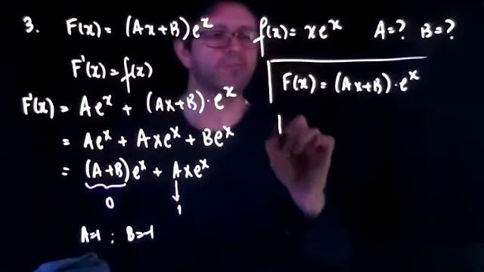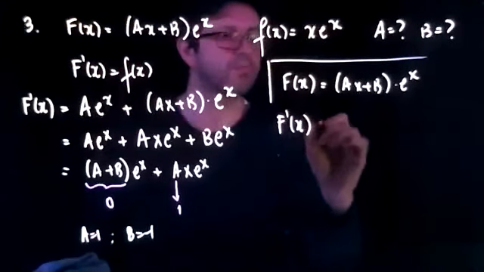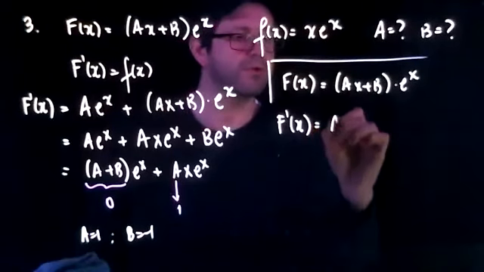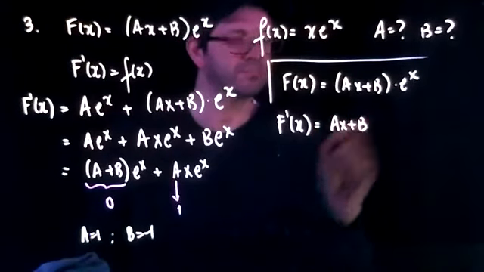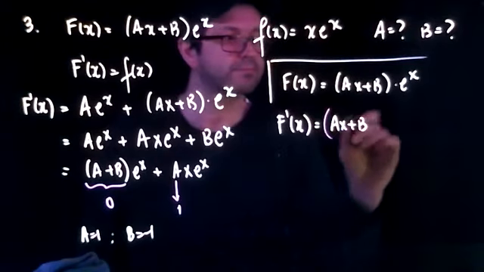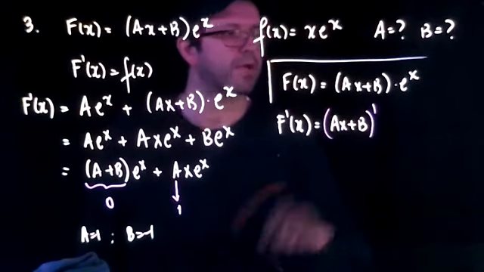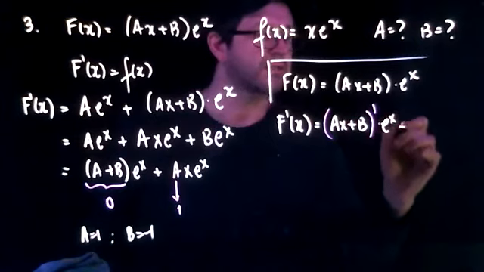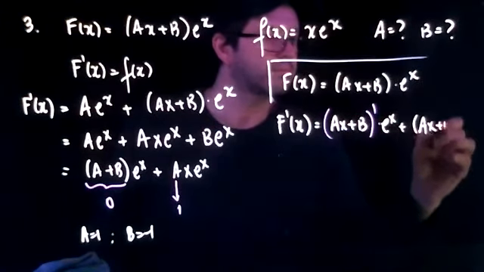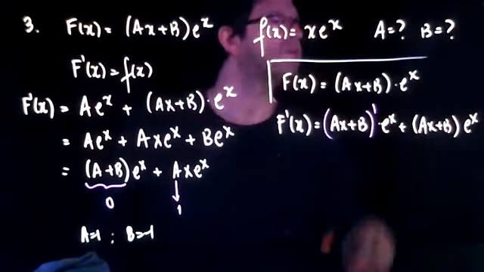So if I want f prime of x, the product rule tells me that it's the derivative of the first, times the second, plus the first times the derivative of the second.